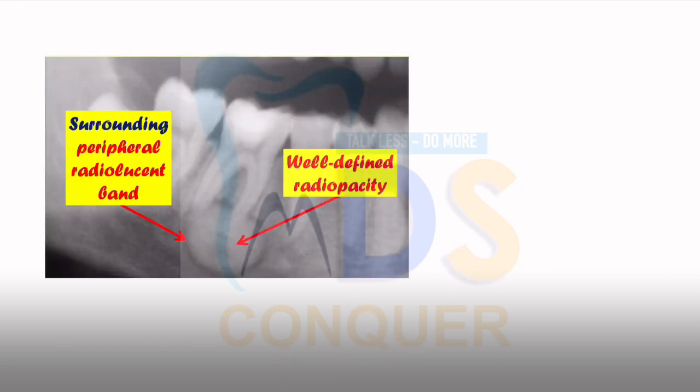Now we'll be talking about the next important topic. This question was given in the recent INICET, so we need to have a quick glance over it. This is cementoblastoma. The other name of cementoblastoma is true cementoma.